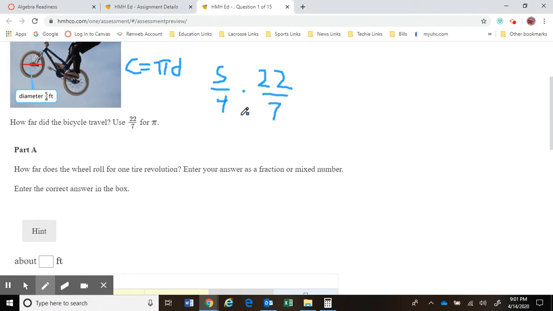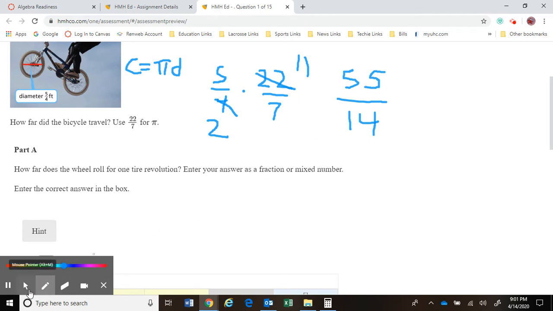And first, I'm going to look to cross cancel. So I know that 2 goes into 4 2 times, and it goes into 22 11 times. And then 5 times 11, that's 55. And 2 times 7, that's 14. So that's my answer, 55/14.